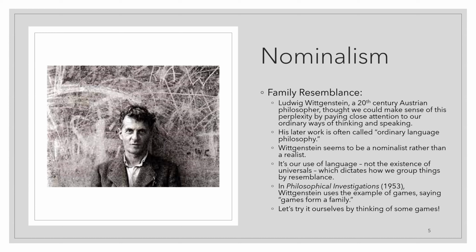So it's not an easy read. You have to do a little bit of interpretation and exegesis to make sense of it. But if you read it closely, you can see that he seems to be a nominalist, not a realist.